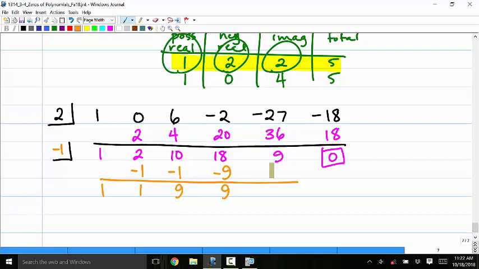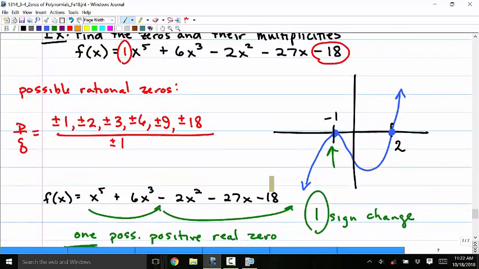9 times the number in the half box. Was negative 1 a 0? Yes. And we saw that it had to have multiplicity 2 because when we looked at the graph, what did the graph do at x equals negative 1? It touched. It did not cross.